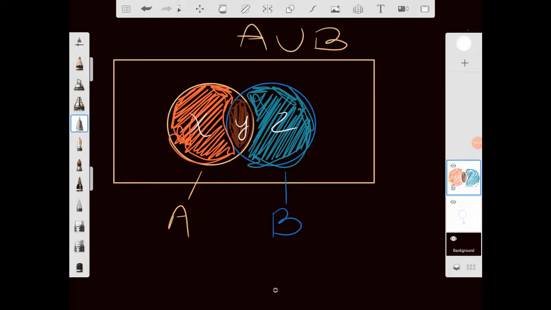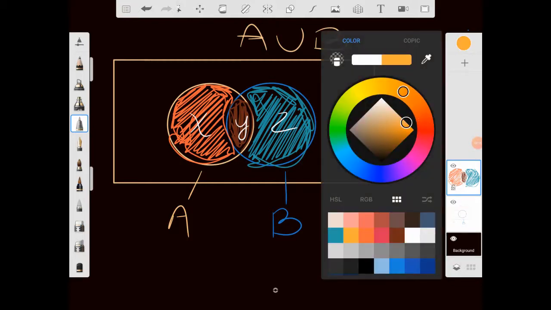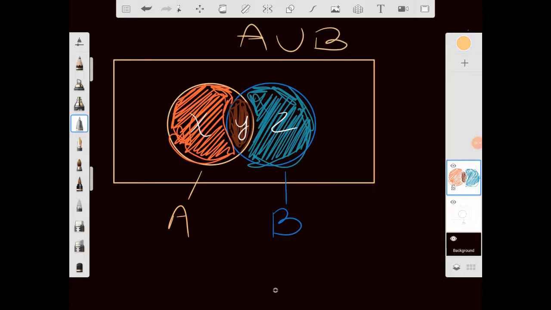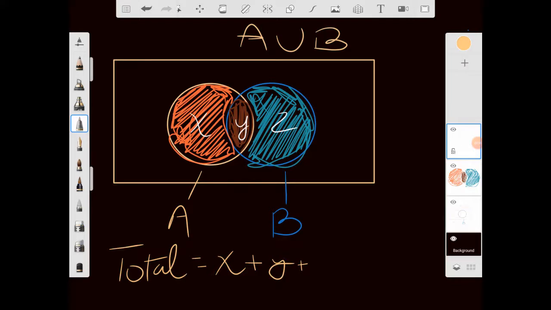Okay, so looking at this, what is my total? My total appears to be X plus Y plus Z, right? Now there's a small issue.